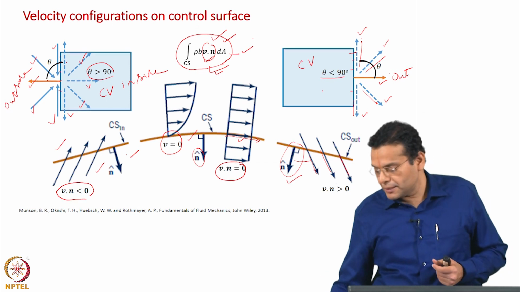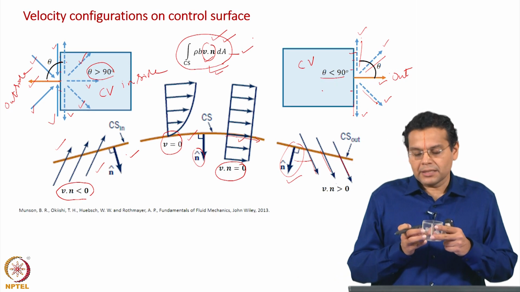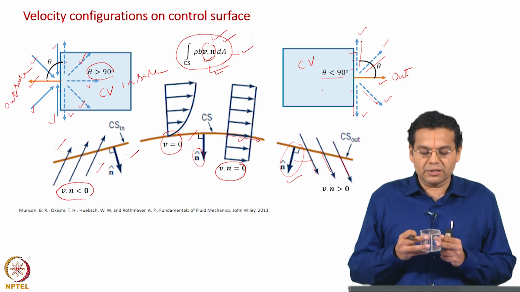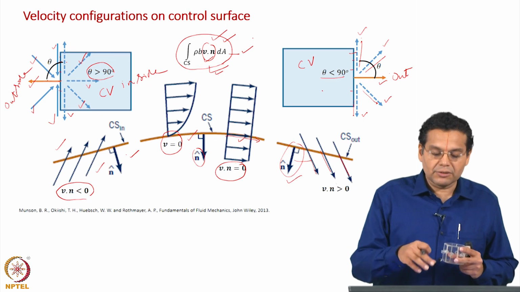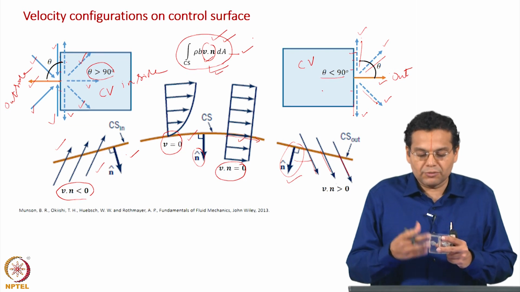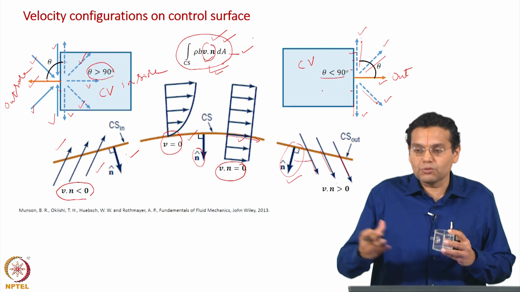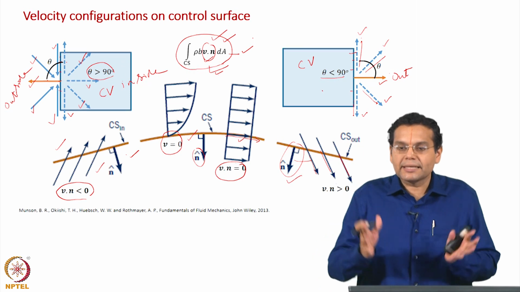There could be some surfaces where there is inflow and some where there is outflow; for all the inflow this will be negative, for outflow this will be positive, and if the net value after taking care of all the outflows and inflows is positive, that means there is a net outflow of the property from the control volume through the entire control surface.